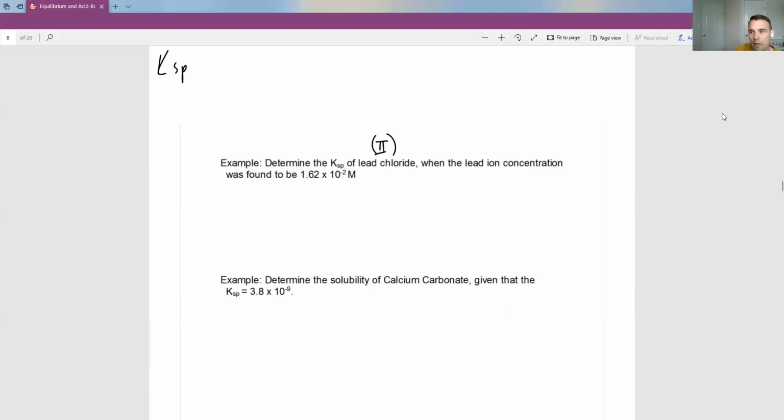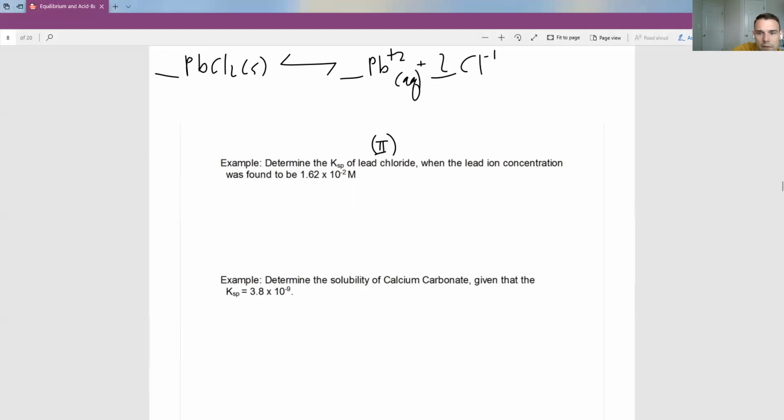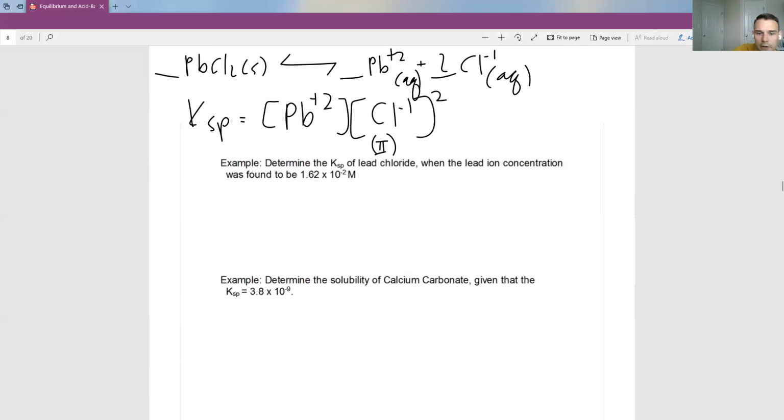Well, actually, even before that, I should probably write out my equation. PbCl2 as a solid is in equilibrium with Pb2+ plus 2Cl minus. Those are aqueous. And it's important to include our states of matter because, remember, solids don't count. And so my Ksp is simply Pb2+ times Cl minus squared.